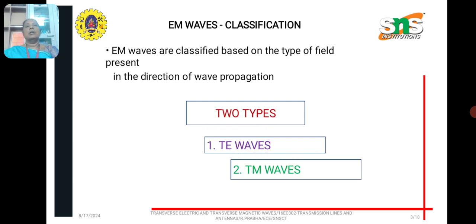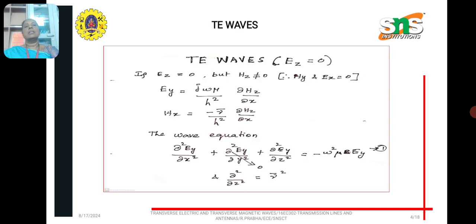These are based on the direction of wave propagation. In TE waves, Ez is equal to 0 but Hz is not equal to 0. So we have the fields Hy, Ey and Hx, but Hy and Ex are equal to 0. Now the wave equation is taken.